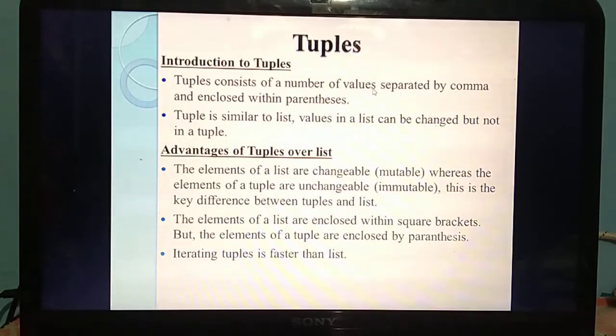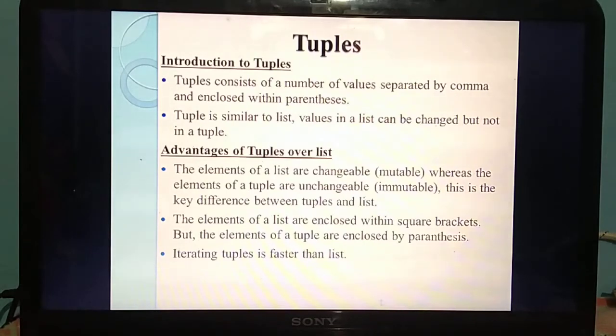Tuples consist of a number of values separated by commas and enclosed within parentheses. A tuple is similar to a list, but you can change the values in a list, and you cannot change the values in a tuple. So, a very important question: the difference between list and tuples.